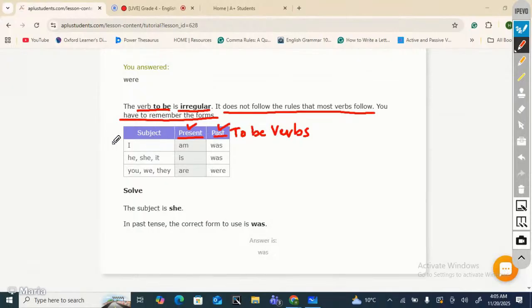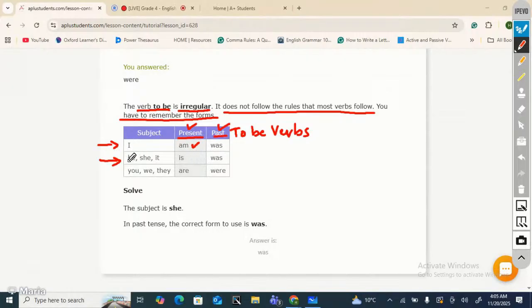This table tells us that if the subject is I, in present tense, the form of to be verb that we can use is am. Let's discuss present tense to be verbs.